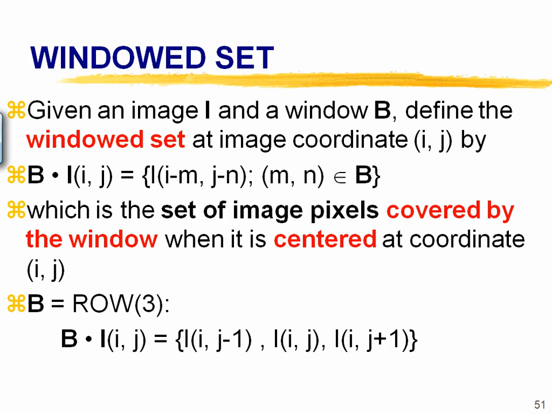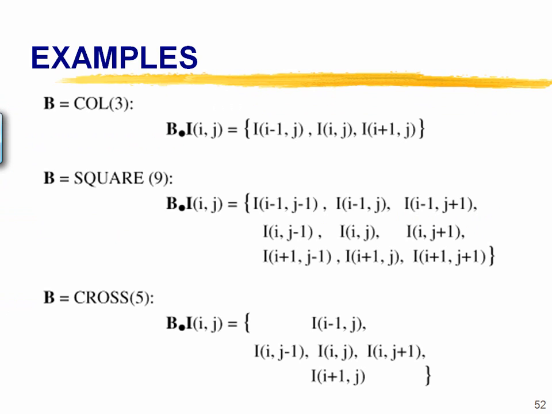So if I define B to be row 3, then B dot I would be given by I of (i, j minus 1), I of (i, j), and I of (i, j plus 1), because the coordinates for row 3 are (0, minus 1), (0, 0), (0, 1). Make sense? Similarly, I can define the set of coordinates for any particular window that I wish to use over a particular image.